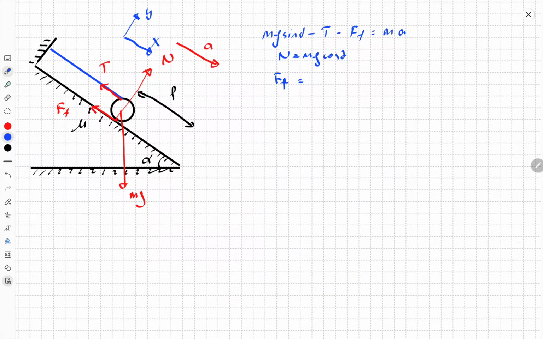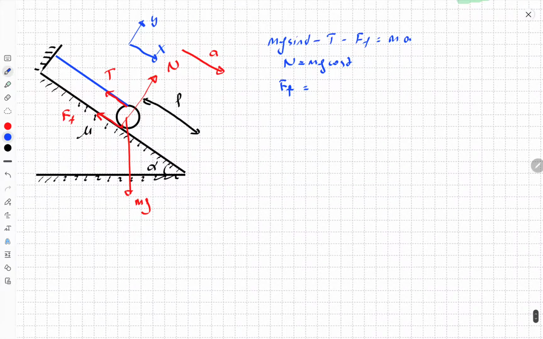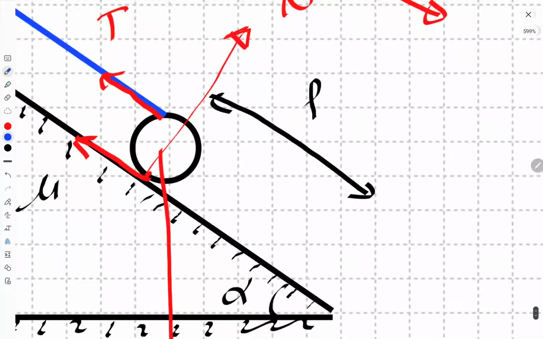Here at this point we have sliding because this ring is rotating in this direction. It can rotate only in this direction, otherwise it cannot move because we have a rope here.